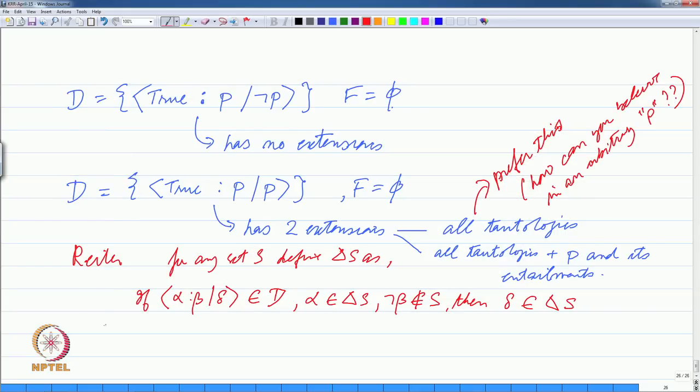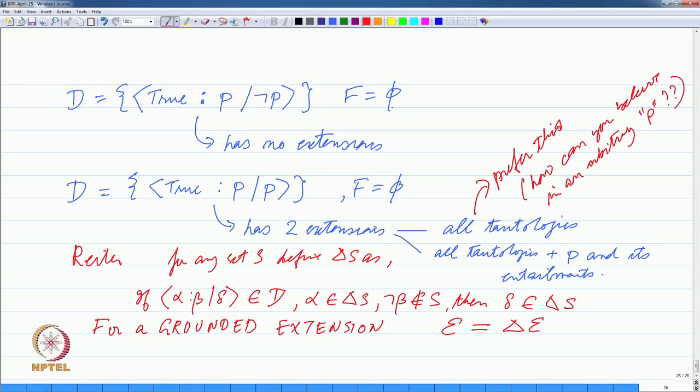And then we say that for a grounded extension, the extension must be equal to delta S essentially.